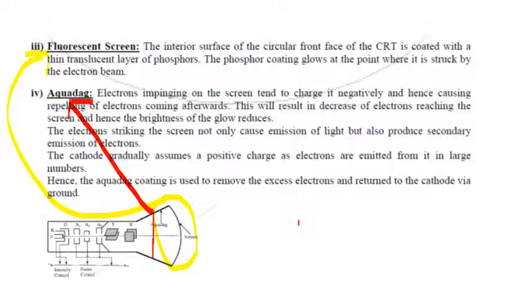If they repel the other electrons, this will result in a decrease of electrons reaching the screen and hence the brightness of glow reduces. The electrons striking the screen not only cause the emission of light but also produce secondary electrons. And the screen gradually assumes a positive charge as electrons are emitted from it. Hence the aquadag coating is used to remove excess electrons and return them to the cathode ray ground.